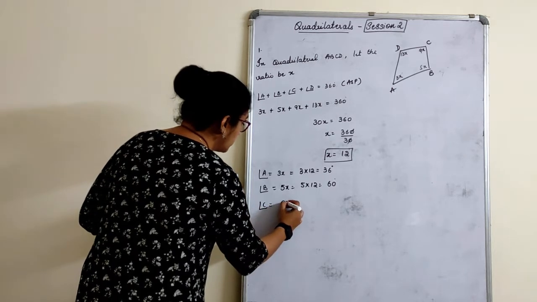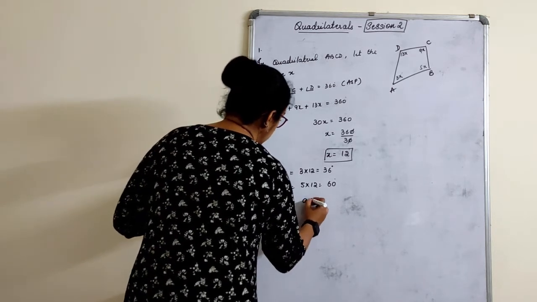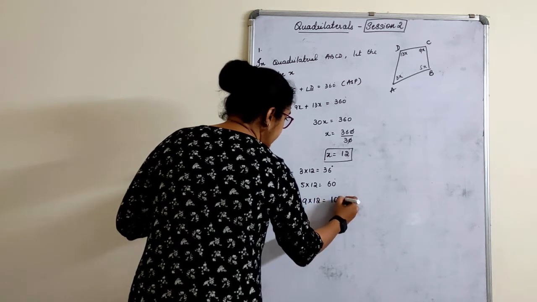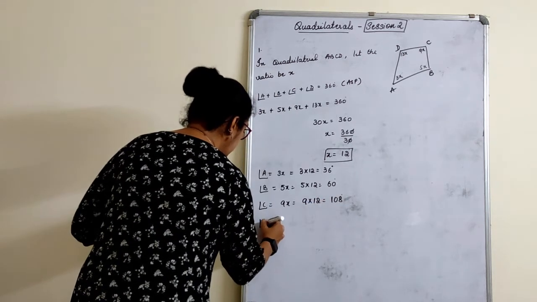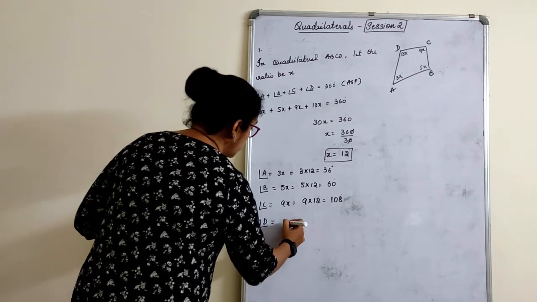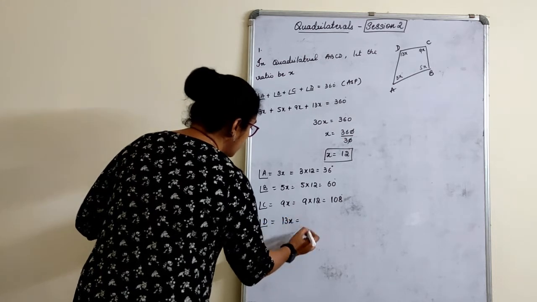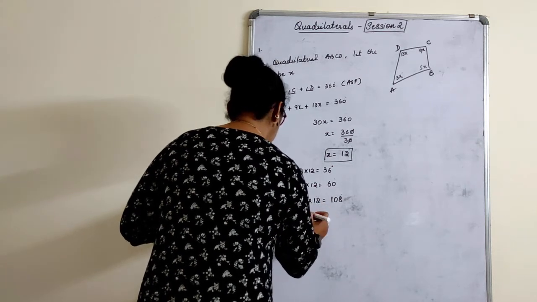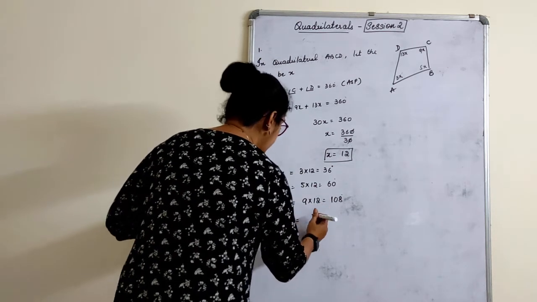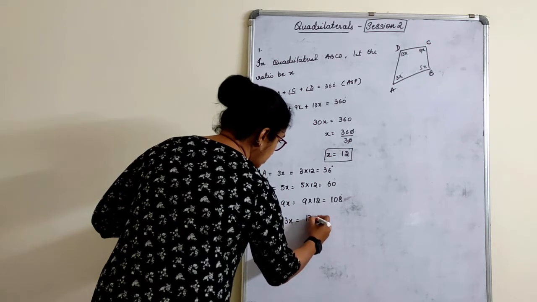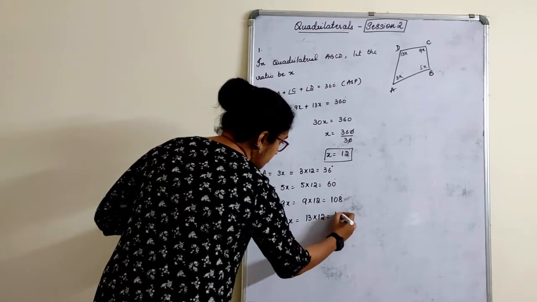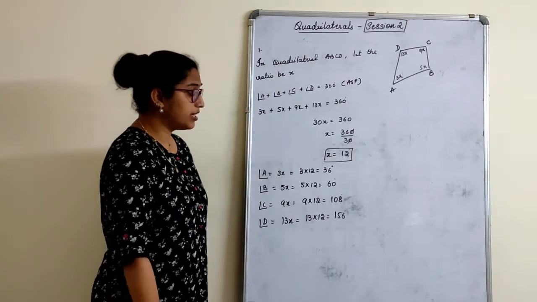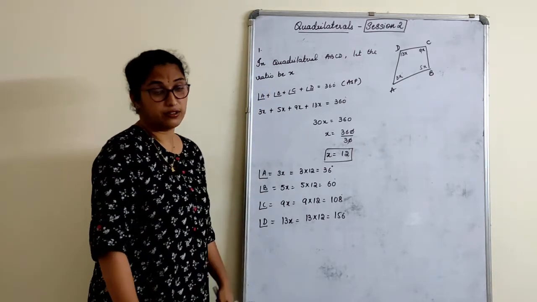Angle C is equal to 9x, 9 into 12 is 108 degrees. Angle D is equal to 13x, 13 into 12, 12 tens are 120 plus 3 twelves, so it is 156 degrees. These are the angles of the given quadrilateral, right?